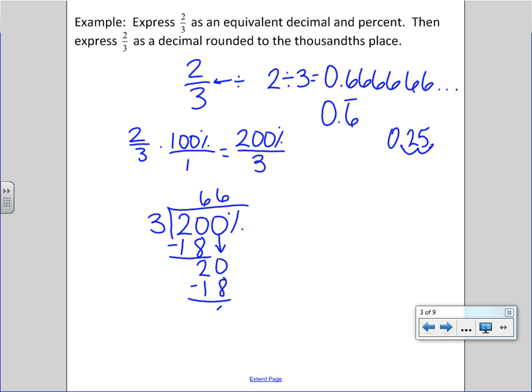I subtract. I have a 2 left. Whenever I have that for a percent, I usually want to write it with a fraction. So I'm going to say 66 and 2/3%. So this is the proper way to write that as a percent.